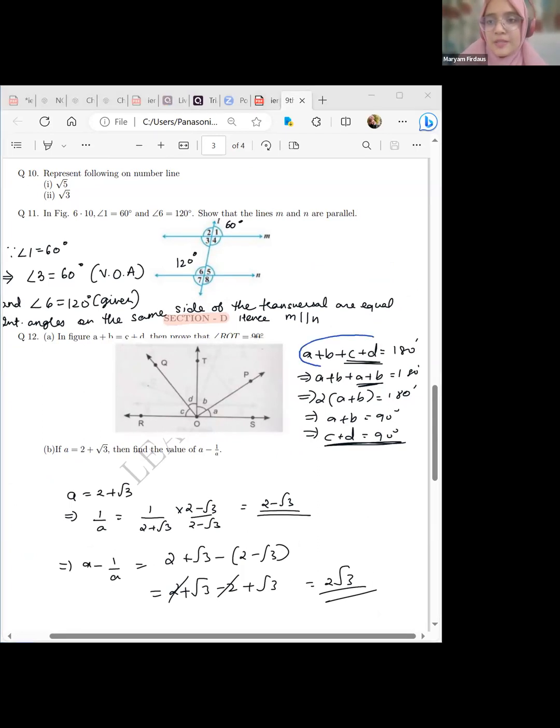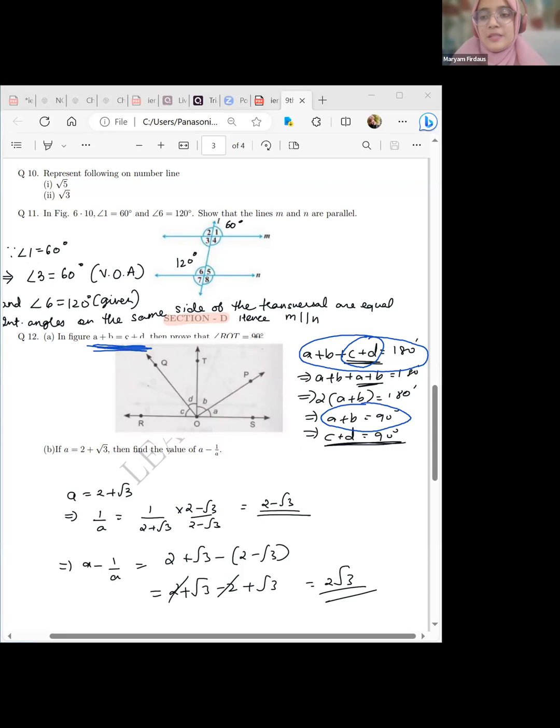First of all, we can see very clearly that A plus B plus C plus D, all of them added together, give you 180 because they're all on a straight line. Now C plus D is given to you as equal to A plus B, right? Since it is equal, you will replace it and it will become twice of A plus B. And that means you take 2 to the other side, you get A plus B is 90.